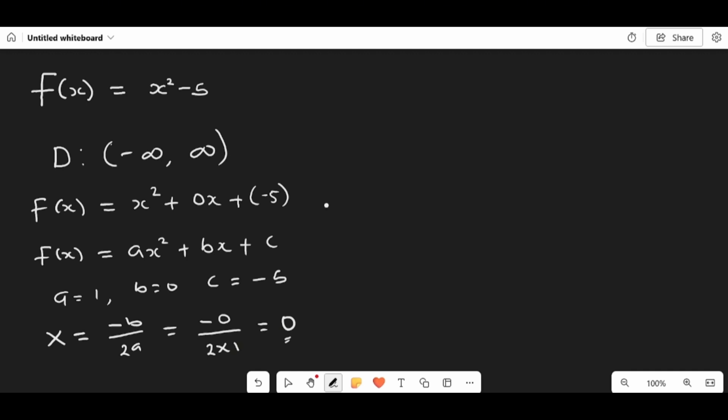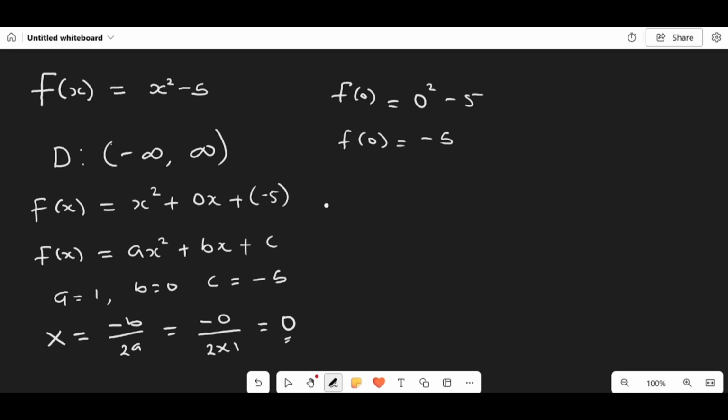That means the x coordinate of the vertex is 0. For us to determine the y coordinate, we substitute this 0 into the equation. So f(0) equals 0 squared minus 5. That means f(0) equals minus 5. This is the y coordinate of the vertex.